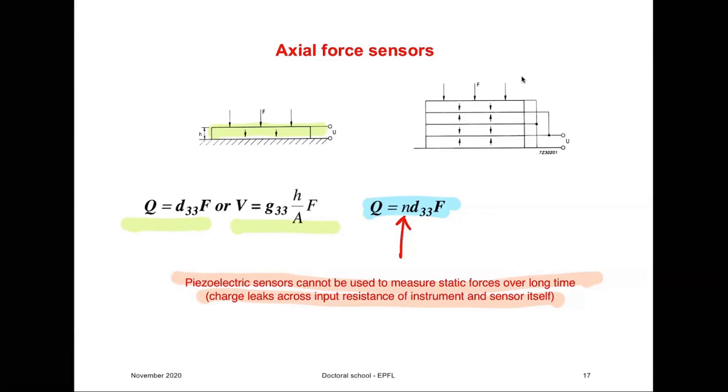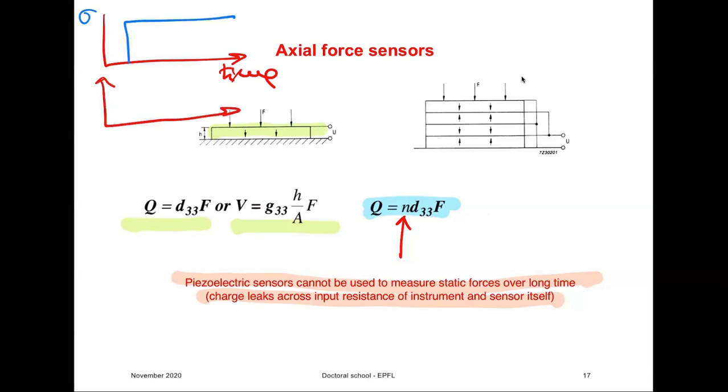So if you apply, on a scale, this is time, and then you look at the pressure, you apply pressure like that, you will find out that charge looks something like this. So I should draw this more realistic.